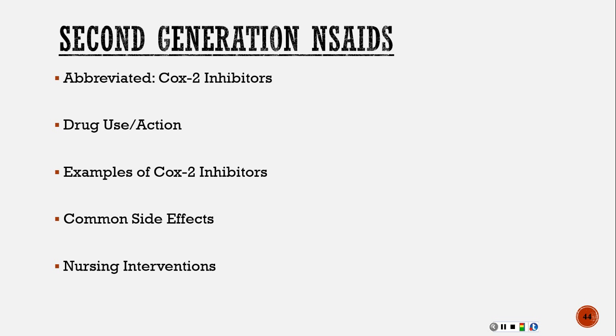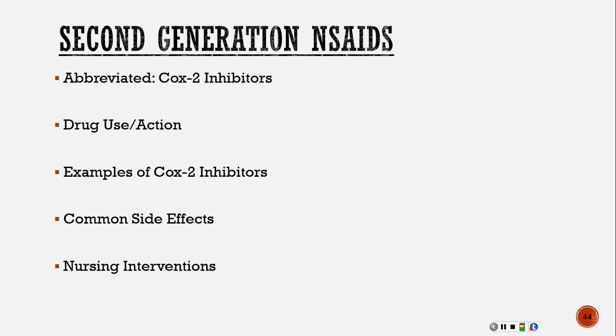Basically, all this does is impede the production of prostaglandins by the COX-2 enzyme that often cause pain and swelling due to inflammation and other painful conditions. Okay? They're just more selective.